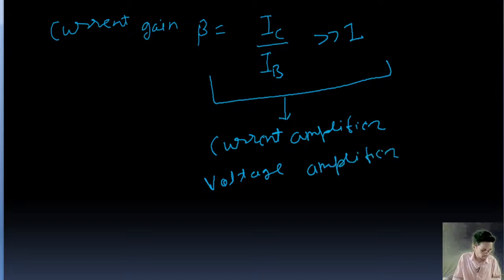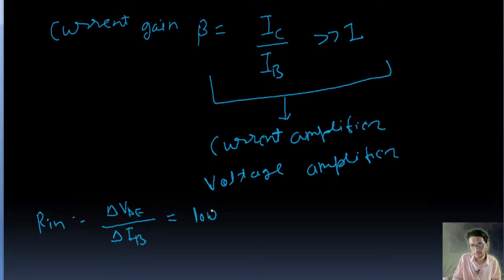If you get R in, it is going to be delta VBE upon delta IB, and that is a low value. R in means input resistance or input impedance.